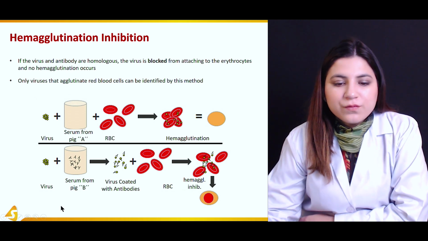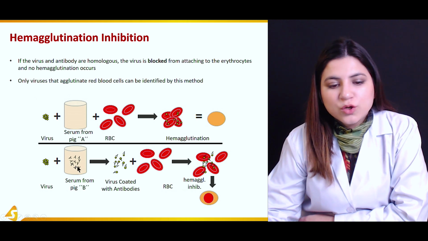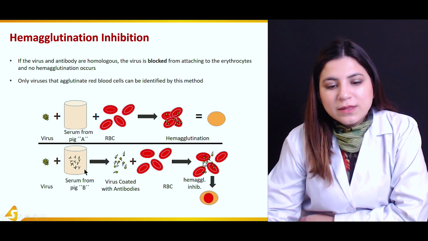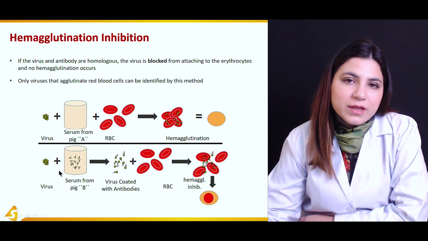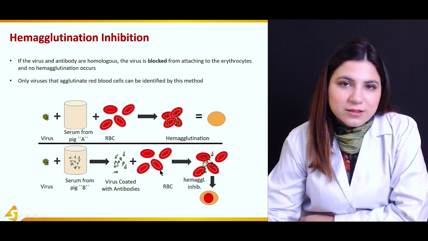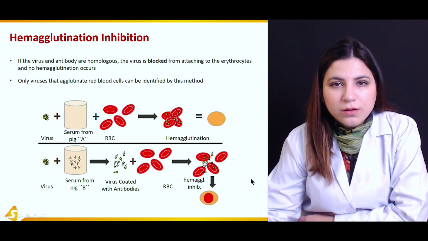But if the serum contains a type of antibody that is homologous to the virus, then this antibody is going to block the virus and the virus won't be able to bind the red blood cells that are present, and thus no hemagglutination will occur.